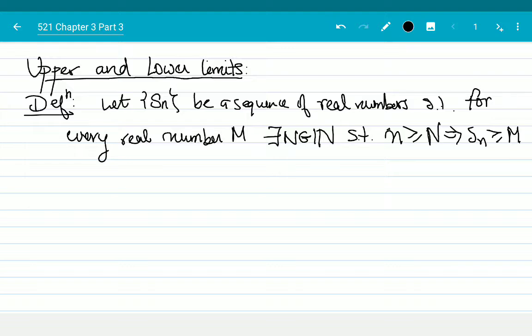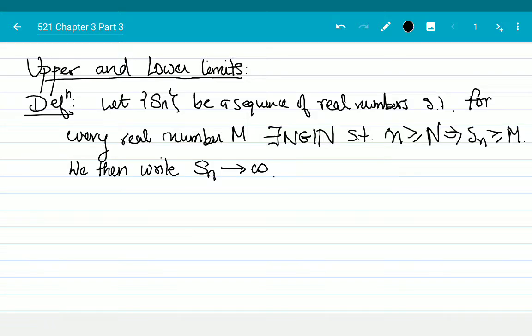In that case we then write Sn diverges to infinity, or plus infinity.